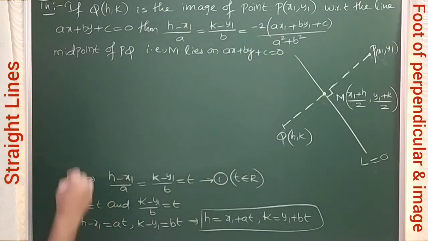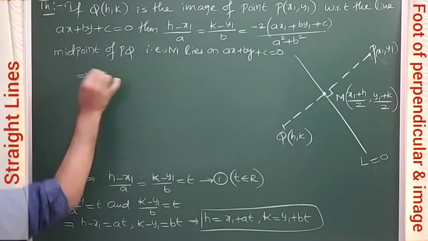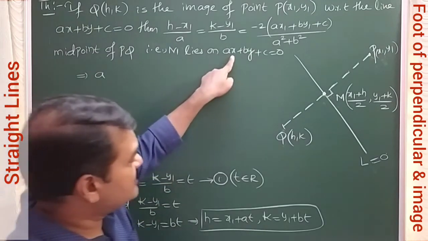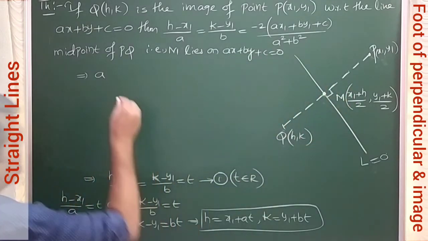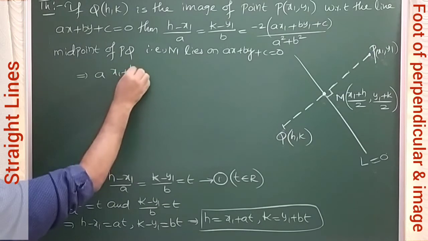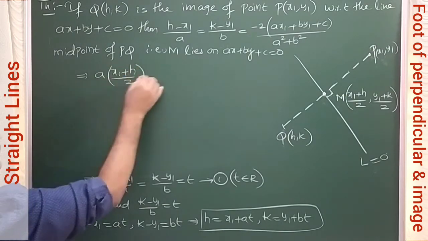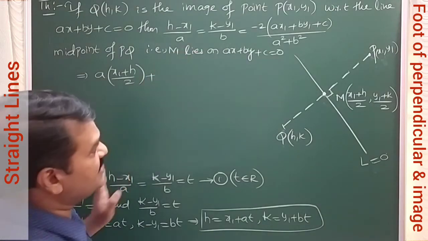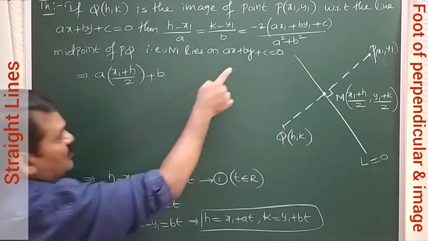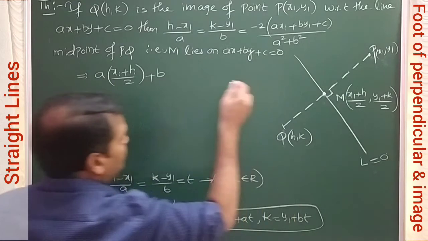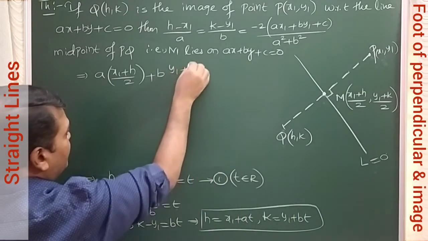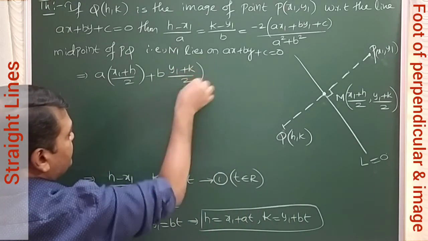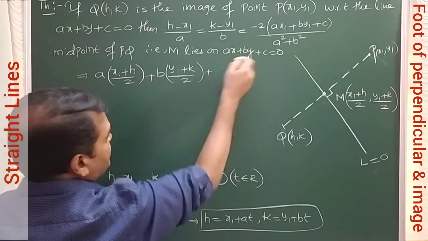So substitute now. This implies a into, in place of x, (x1 + h)/2. So I am substituting the midpoint in the line, that's all. b into y. In place of y, you have to substitute the y coordinate. Plus c.